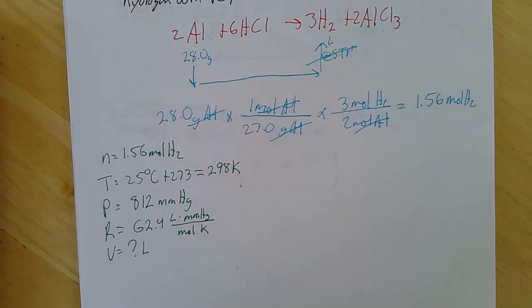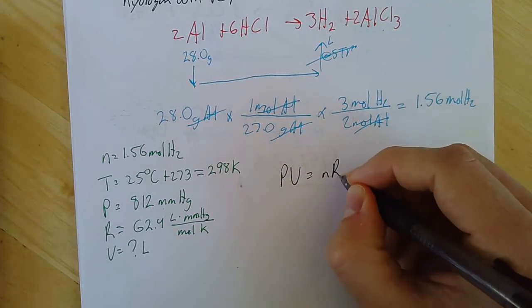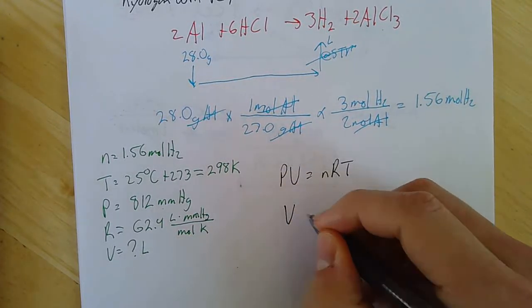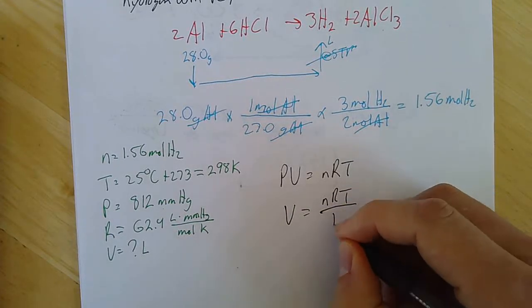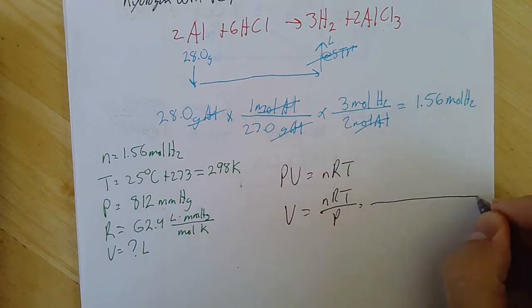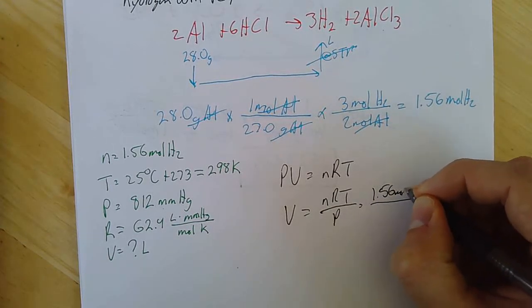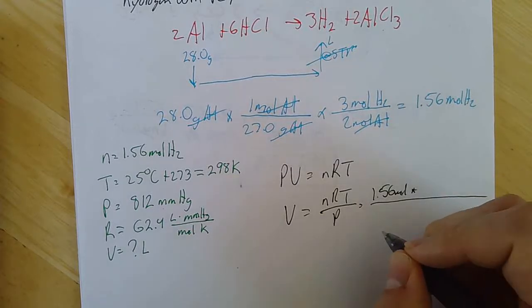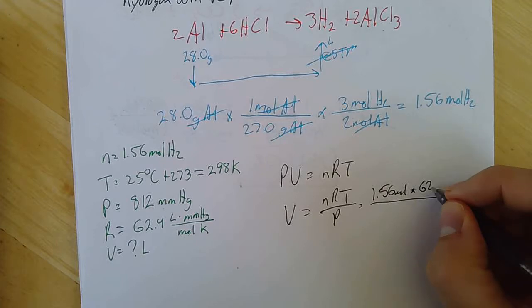We take a look at PV equals nRT. We solve for V, so we have nRT over P. Now we can just plug in those numbers: 1.56 moles times my R, which is 62.4.